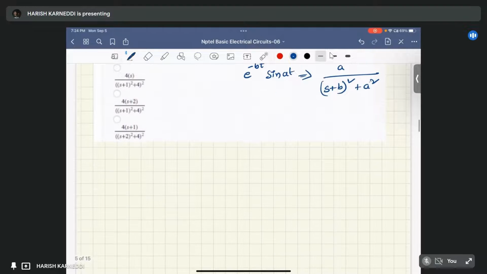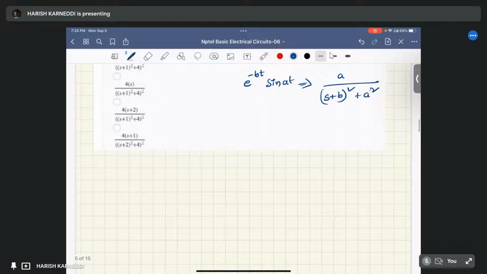If you differentiate the same term, which is simply differentiation, minus 1 power n d^n by ds^n of the previous function.